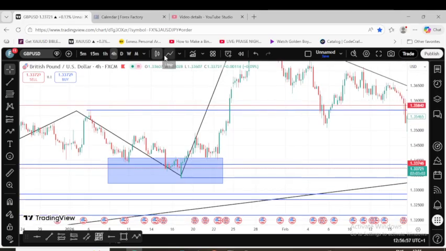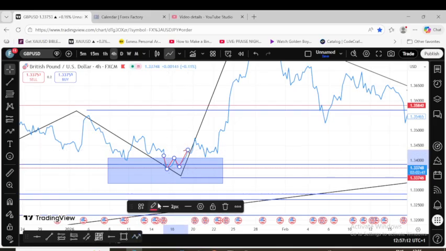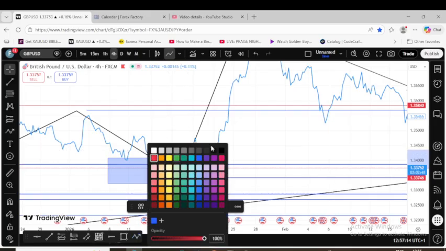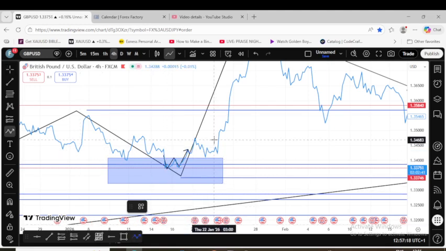I think we have a move of two. Look at this. We have a W pattern here like this. 1, 2, 3, 4. Let's make it black. We also have another W pattern here.